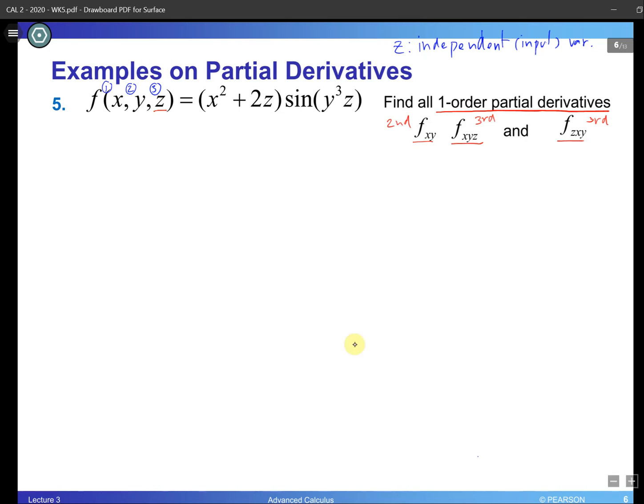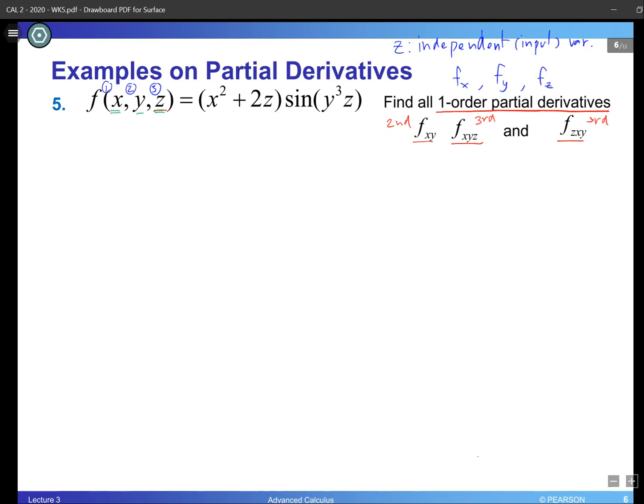Since we have 3 inputs, it means that we can take the partial derivatives with respect to each one of them. And this means that we have 3 of them here. The first is f with respect to x, then with respect to the next variable, which is y, and then the last one, f with respect to z.